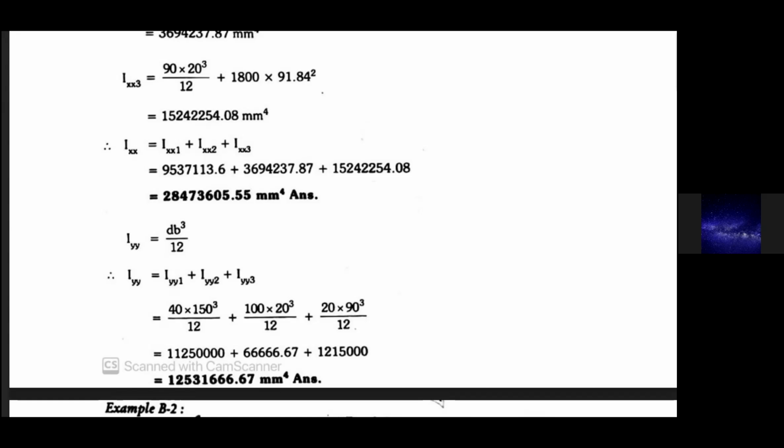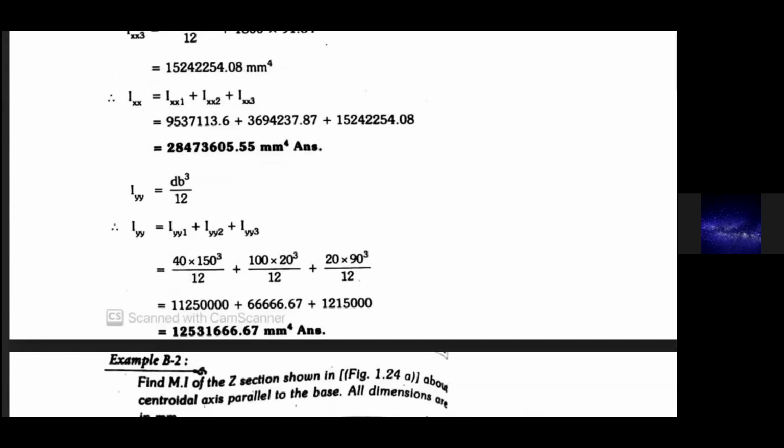That is Iyy is equal to D1 B1 cube by 12 plus D2 B2 cube by 12 plus D3 B3 cube by 12. Substitute the values, that is 40 into 150 cube by 12 plus 100 into 20 cube by 12 plus 20 into 90 cube by 12. Calculate and simplify, we will get Iyy.